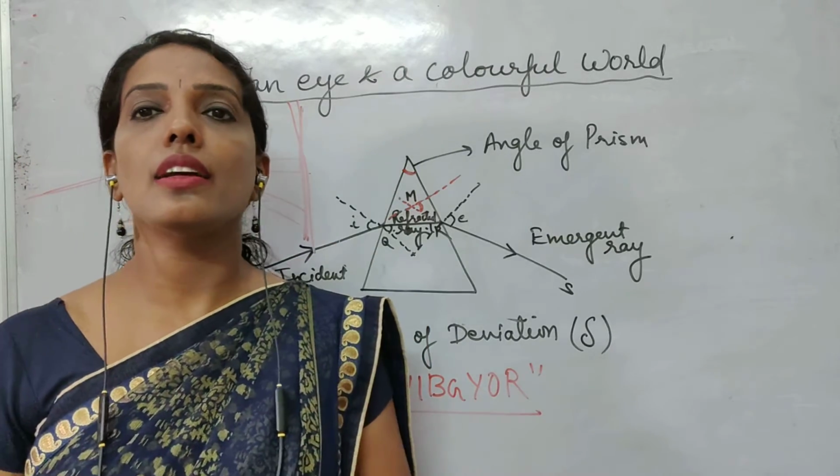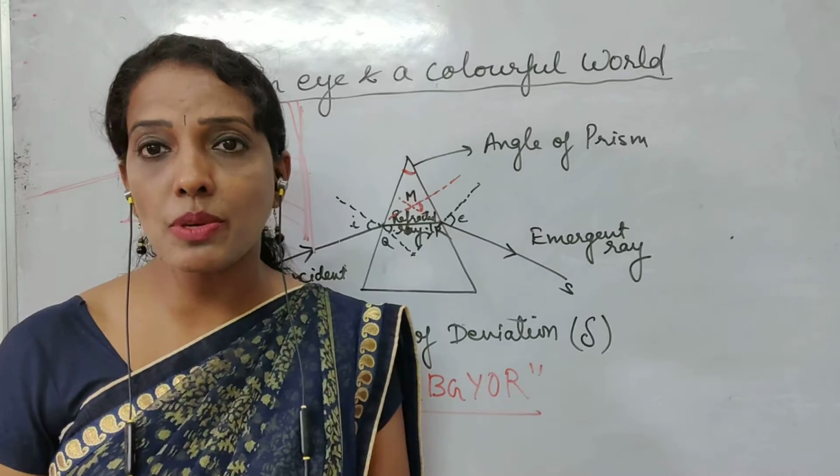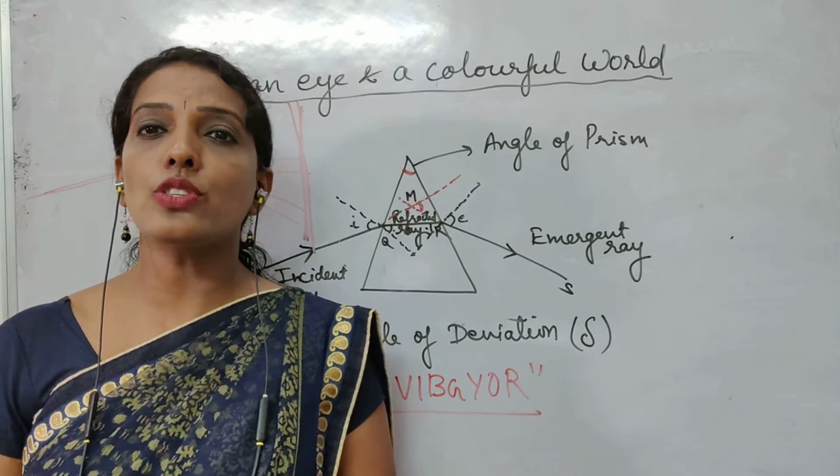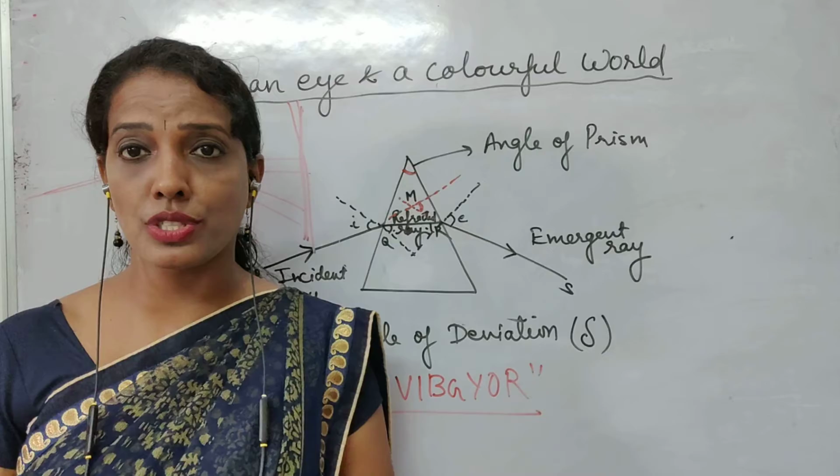The light which has the maximum speed deviates the least. On the other hand, the violet color has the minimum speed in the glass prism, so the violet color deviates the most.